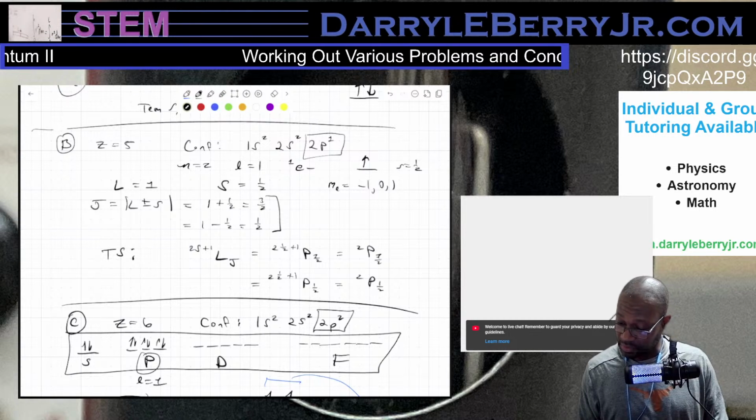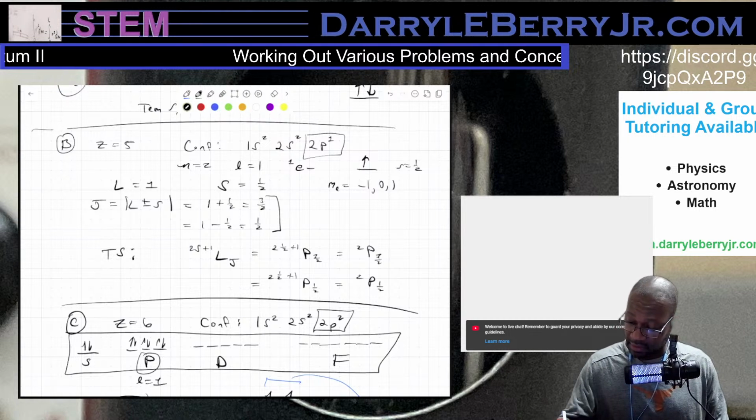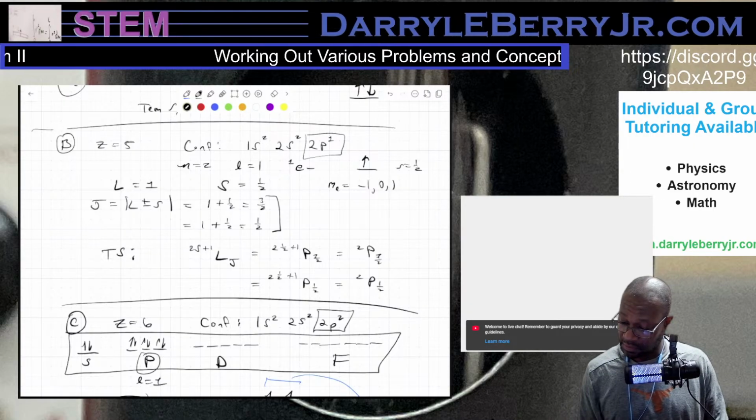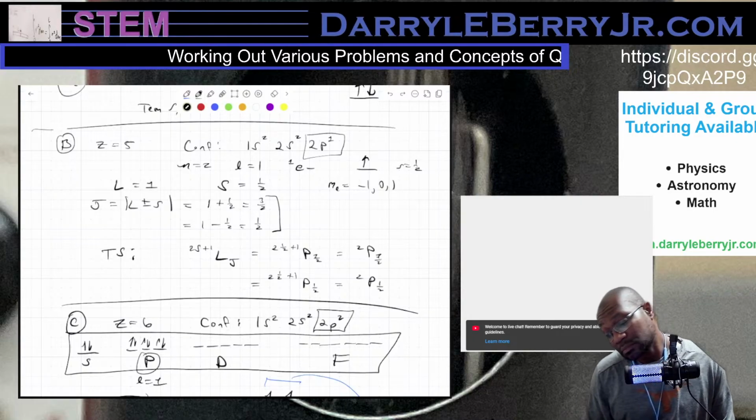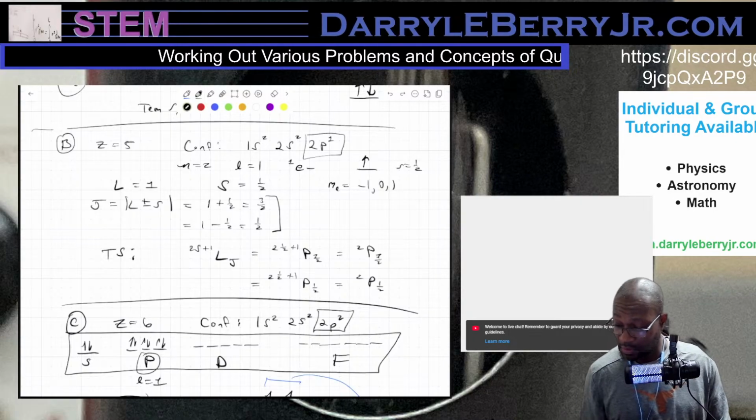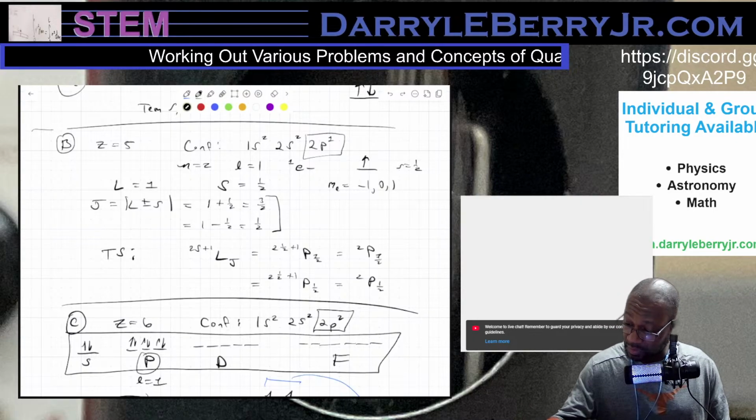So spin is just S. So this is where I was thinking about it incorrectly. No, the really little L is 1.